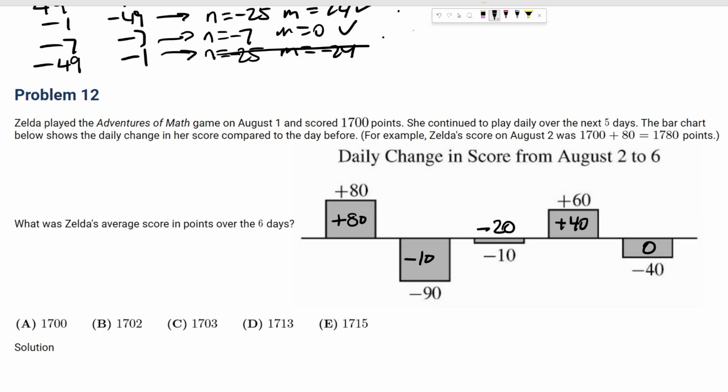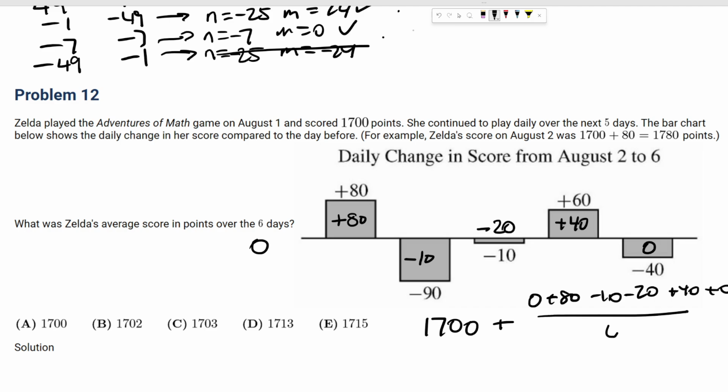So now we can just average all these together. On August 1st, obviously, we're 0 compared to August 1st. So we're just going to take our original score, which is our baseline, 1700 plus 0 plus 80 minus 10 minus 20 plus 40 plus 0, over 6.